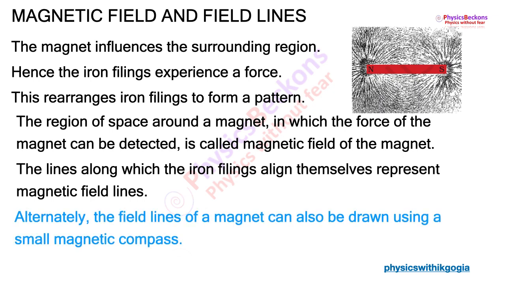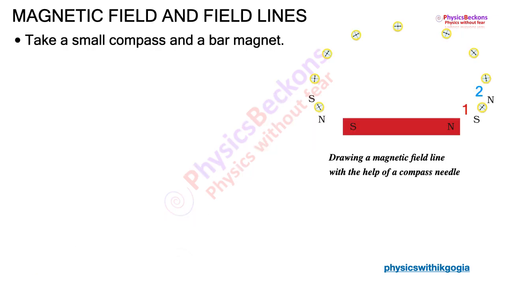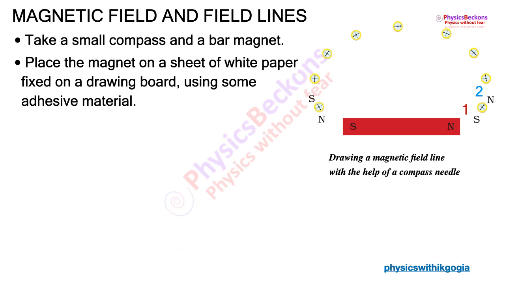Alternately, we can also draw field lines using a small magnetic compass. We will now explore this alternate method of plotting magnetic field lines. For the purpose, take a small compass and a bar magnet. Place the magnet on a sheet of white paper fixed on a drawing board using some adhesive material. Avoid use of iron pins as stated earlier.